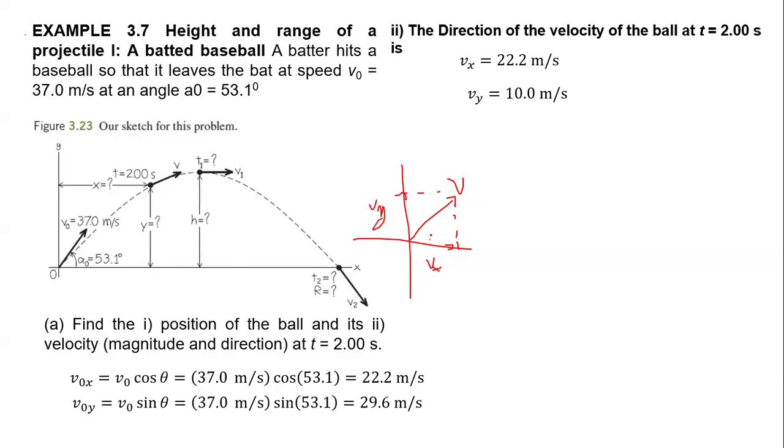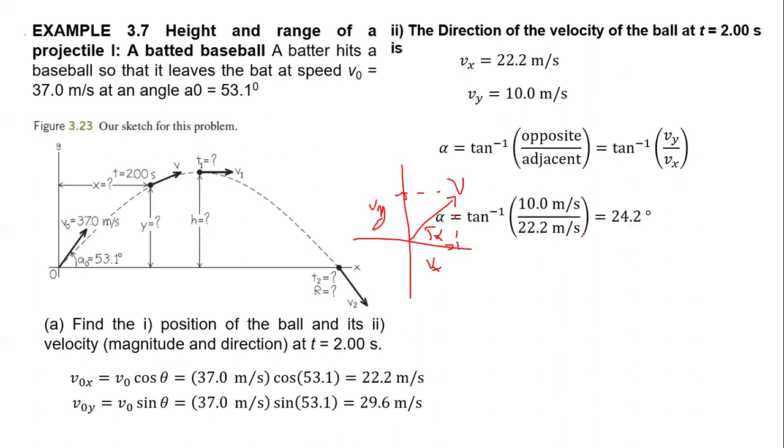I want to calculate this angle here, alpha. The inverse tangent of the opposite over the adjacent side: the opposite is v_y, which is 10 meters per second, and the adjacent side is v_x, which is 22.2 meters per second. So we have 24.2 degrees north of east. That is the direction of our velocity.